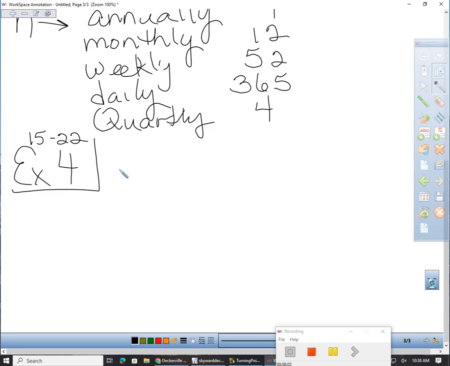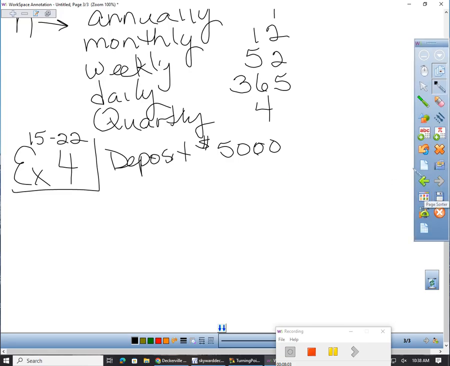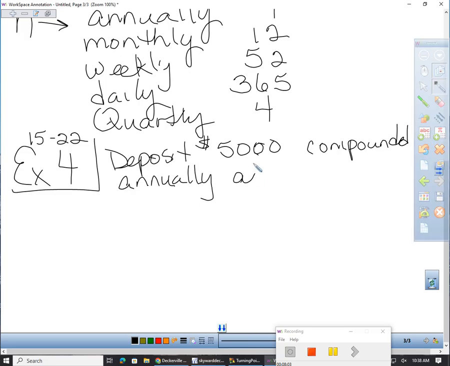All right, I'm going to tell you that I deposit, let's say, $5,000 compounded annually at 6% for 7 years.